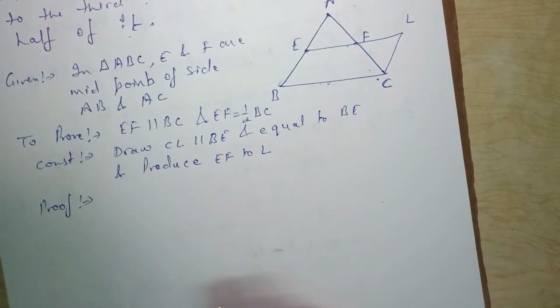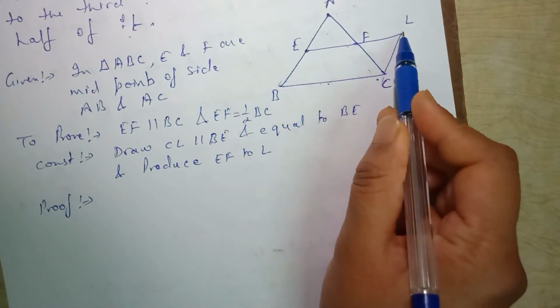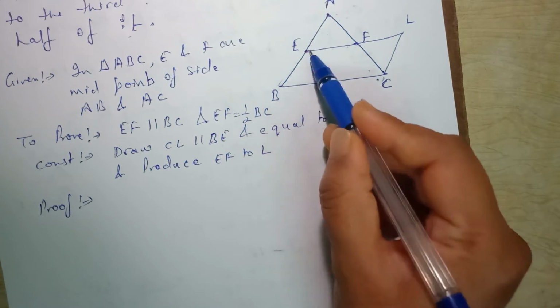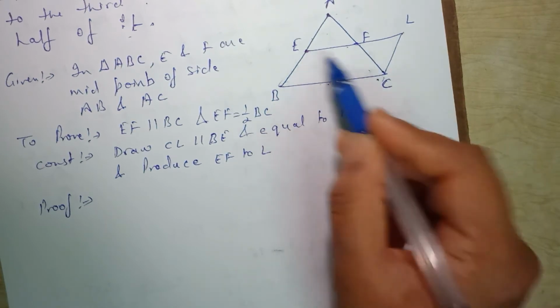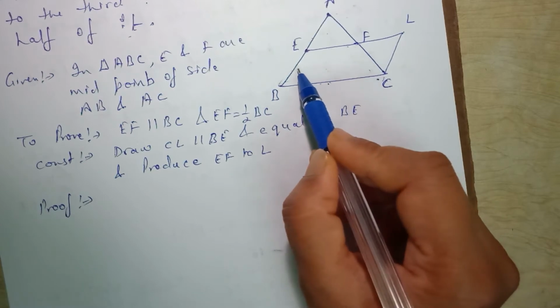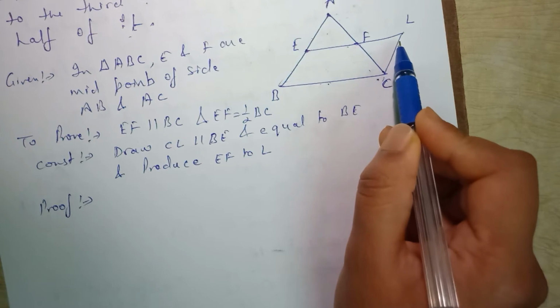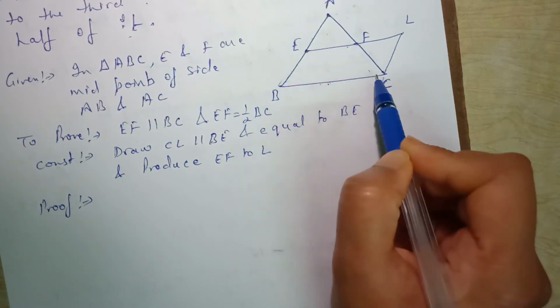Now come to the proof. In quadrilateral EBCL, by construction we have BE parallel to CL and BE equal to CL. So we have learned a theorem that if in a quadrilateral one pair of opposite sides is equal and parallel, then it is a parallelogram.